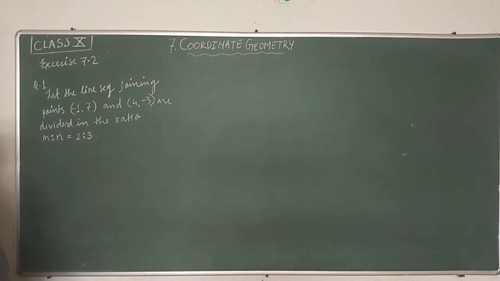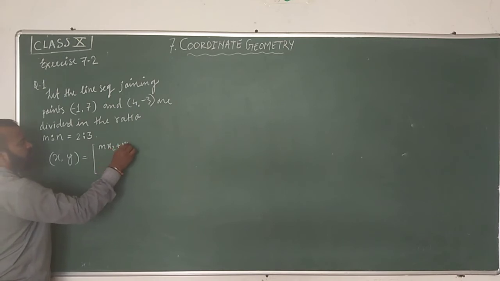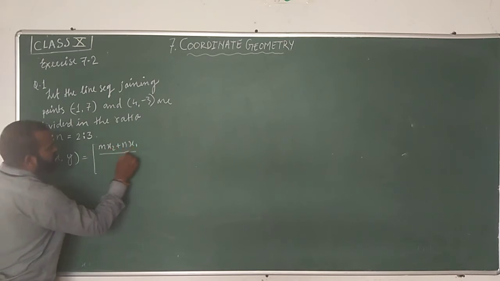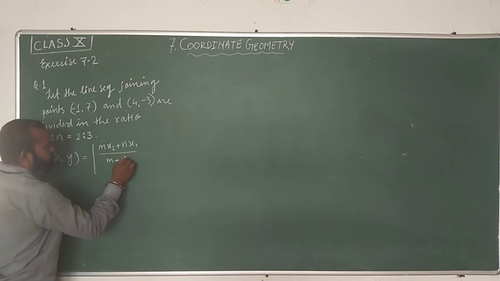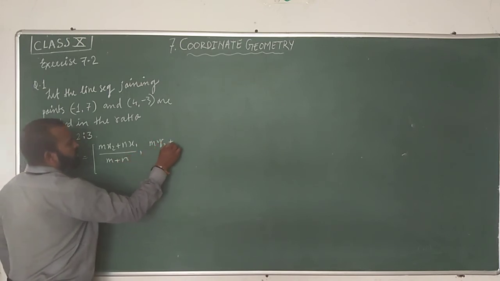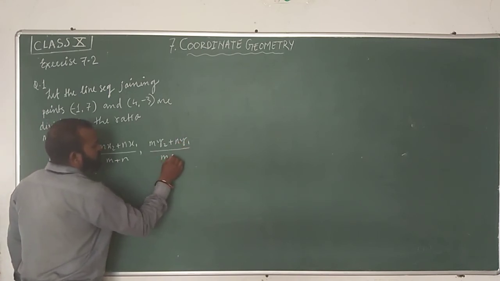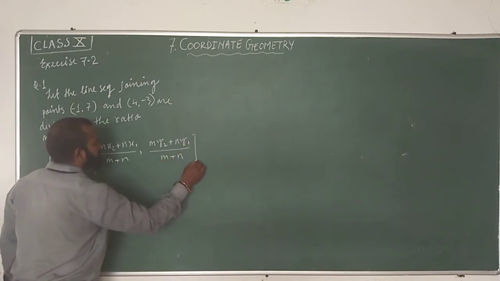For the coordinates we have the formula: (x, y) is equal to (mx2 plus nx1) upon (m plus n), comma, (my2 plus ny1) upon (m plus n), right?